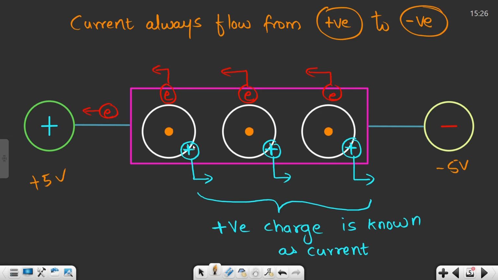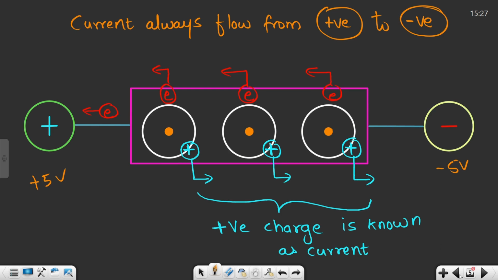So if we look at the entire scenario, to us it looks as if the positive charges are moving in this particular direction, but no, the electrons are moving in this direction. And since the electrons are moving this way, to us it seems that the positive charges are moving in the opposite direction of the electron. I hope you are able to understand this point.